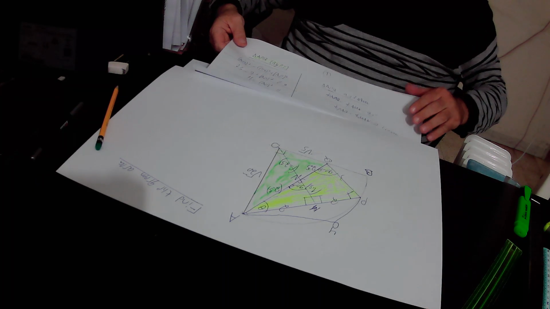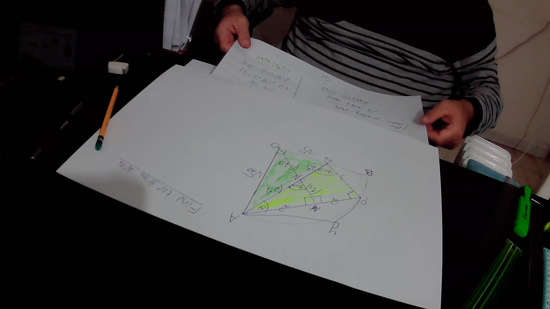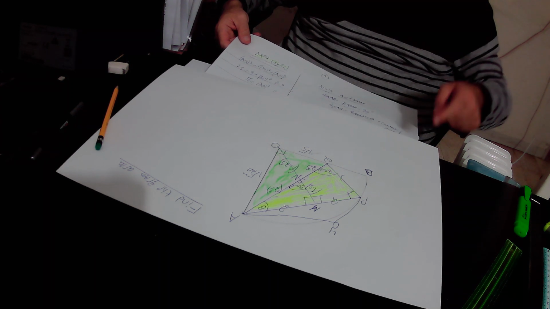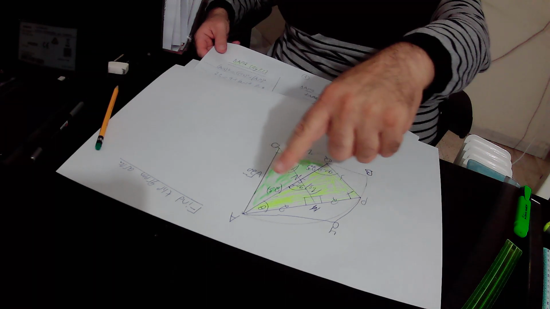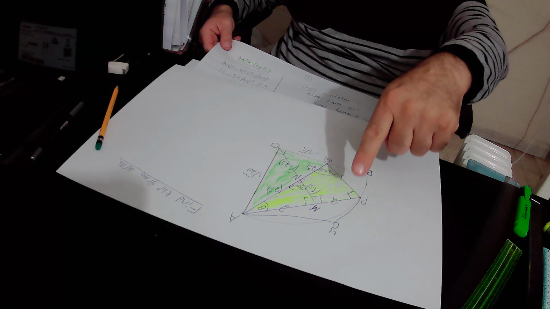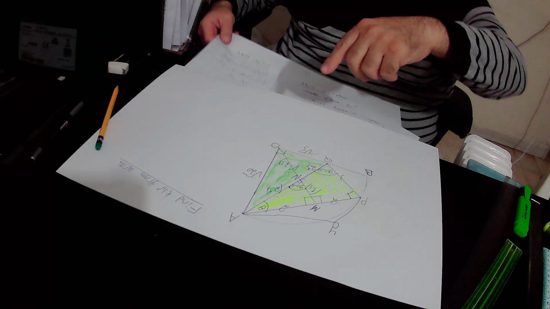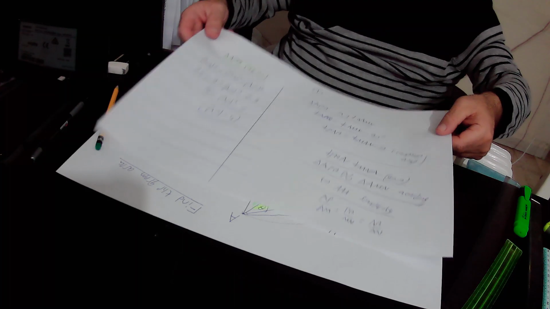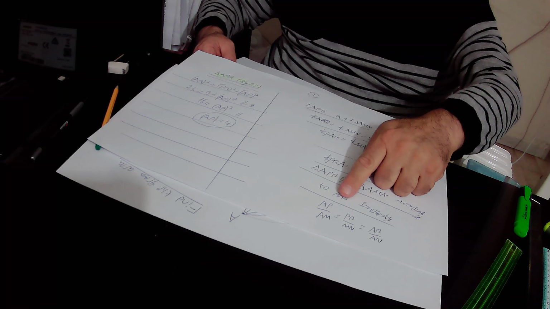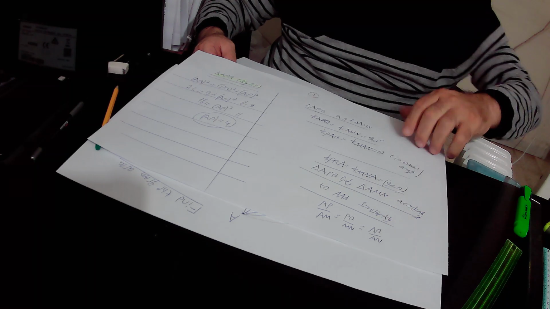Therefore, from the fact that the two right triangles are similar to each other, we conclude that AP over AM equals PQ over MN equals AQ over AN.